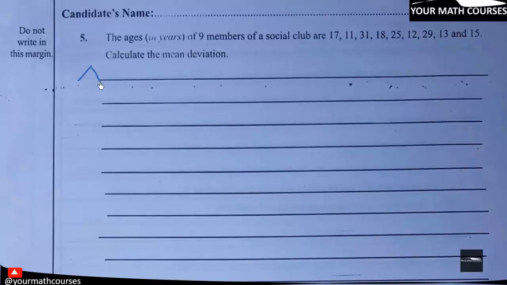So we have age, then the first age here is 17, and the deviation is the absolute value of x minus x bar. So x bar is 19, so 17 minus 19 is negative 2, or 19 minus 17 is 2. Absolute value of 2 is 2.